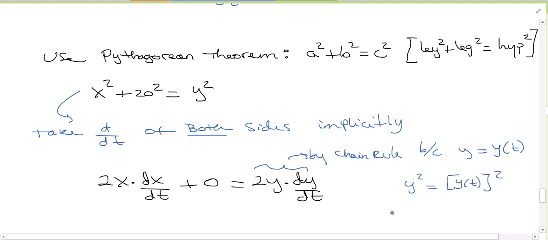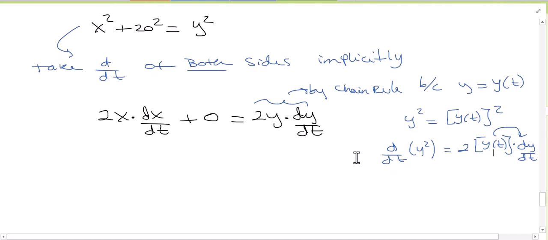So when I take the derivative of that with respect to t, that's going to be 2 times y of t to the first power, and then times, by the chain rule, the derivative of y of t. So that will be dy/dt. Okay, so that's what's going on here.